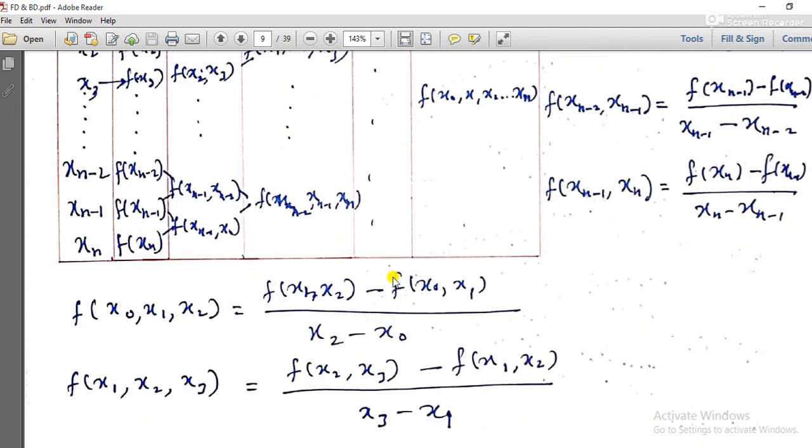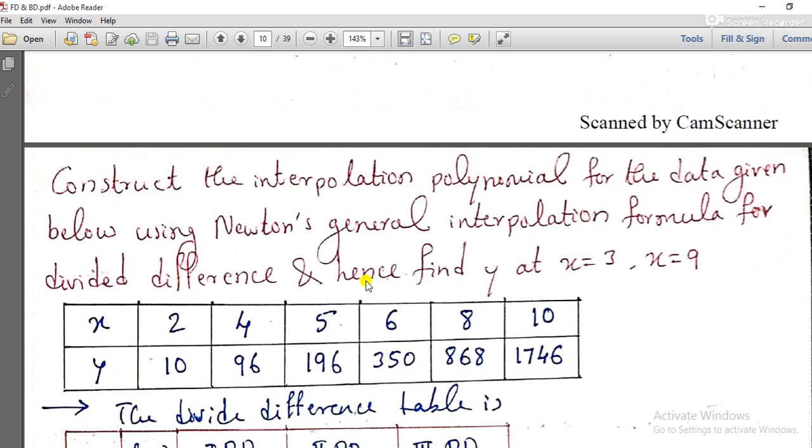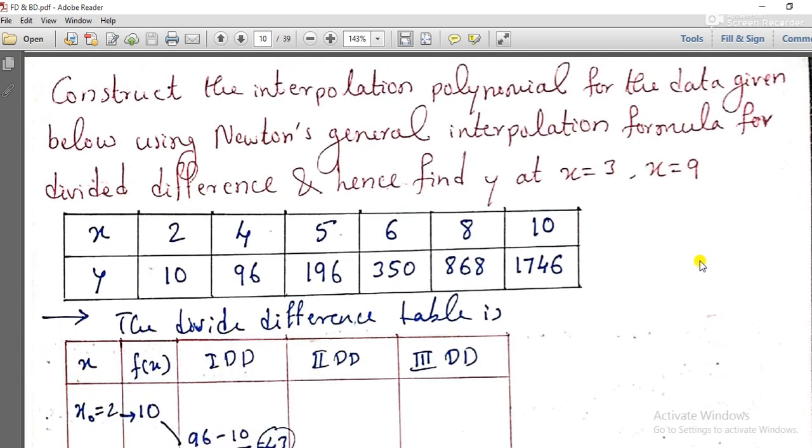Okay, now an example. Construct the interpolation polynomial for the data given below using Newton's general interpolation formula for divided differences, and hence find y at x equal to 3 and x equal to 9.